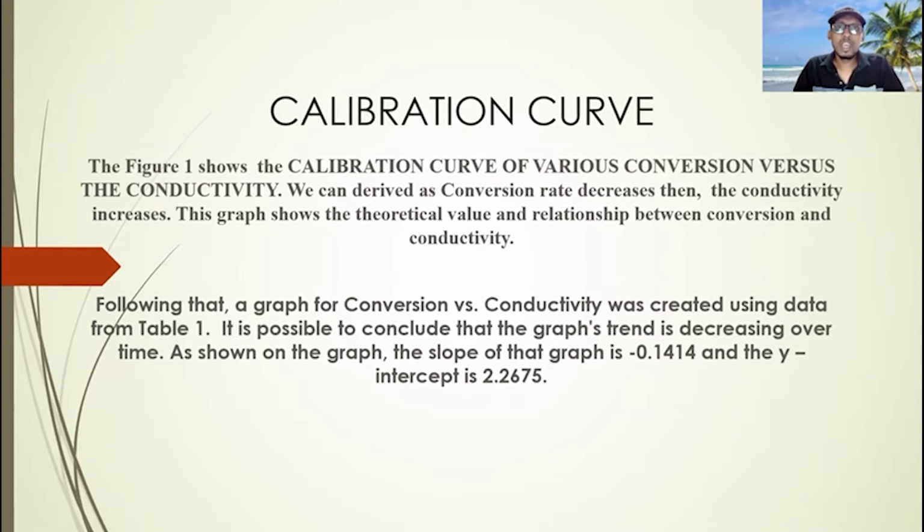This graph shows the theoretical relationship between the conversion and conductivity. Following that, a graph was created using data from table 1, and it is possible to conclude that the graph is decreasing, and the slope of that graph is negative 0.1414, and the y-intercept is 2.2675.